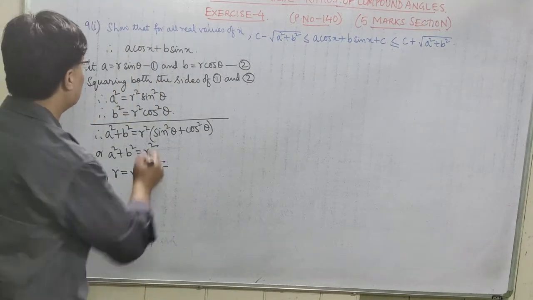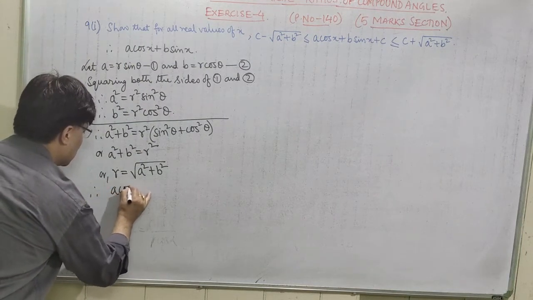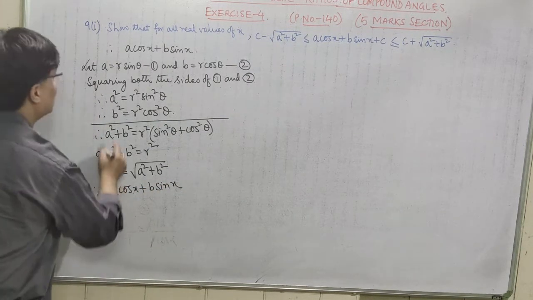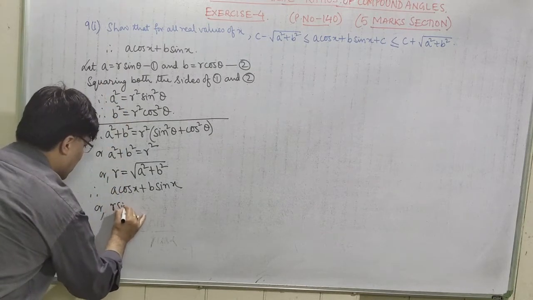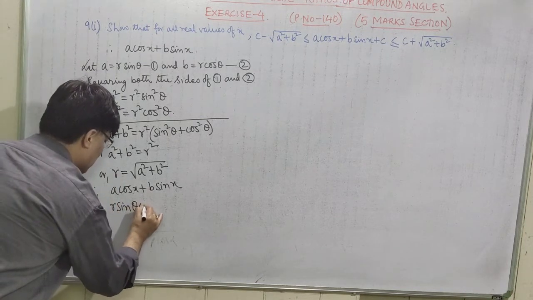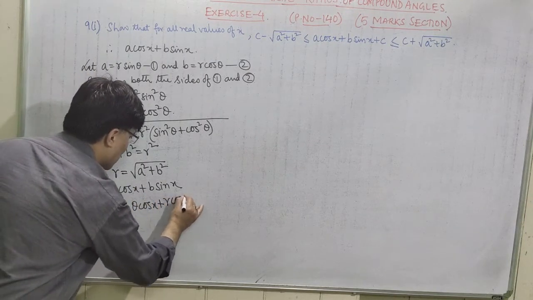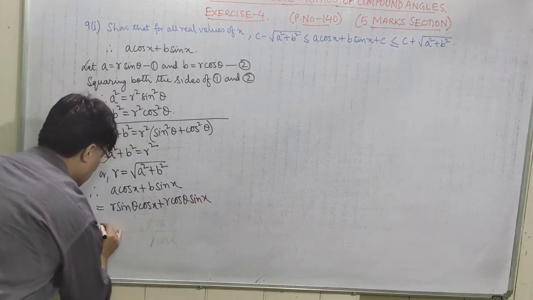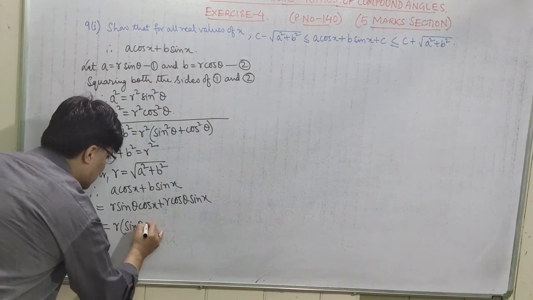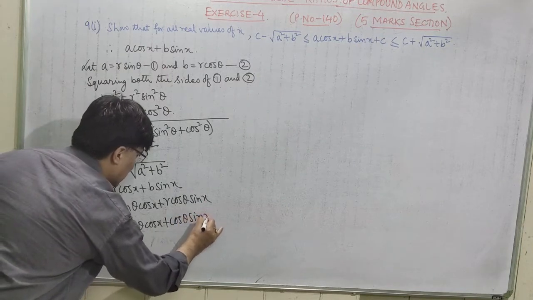Okay. So now therefore a cos x plus b sin x, or what is a in this case? It is r sin theta. So this is r sin theta cos x plus, what is b here? r cos theta sin x. Right? So which is equal to, what is common out here? r within bracket, it is sin theta cos x plus cos theta sin x.